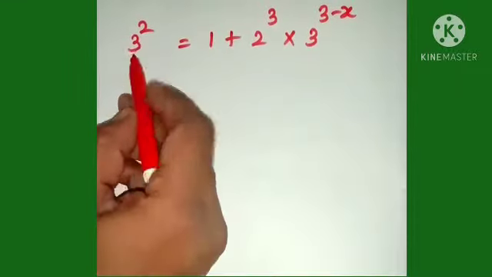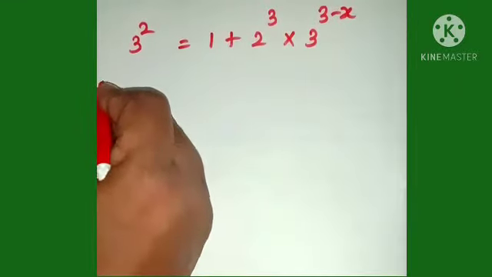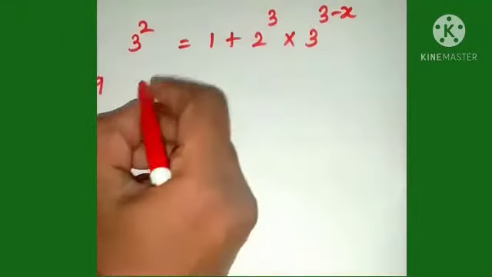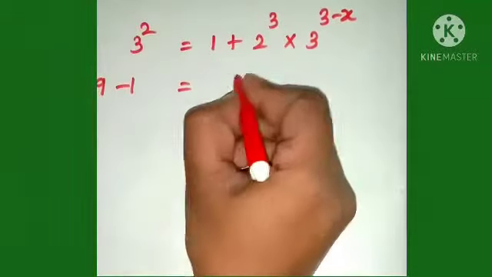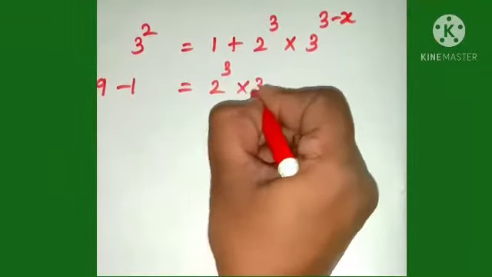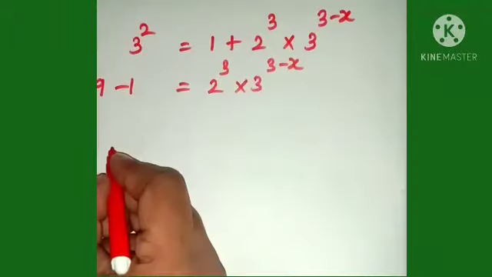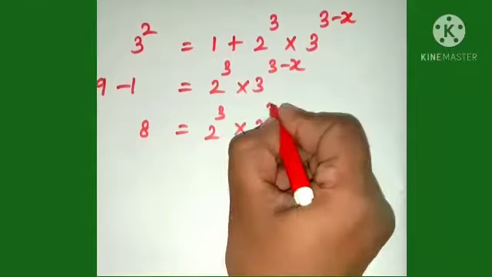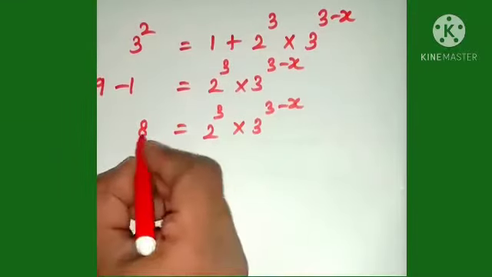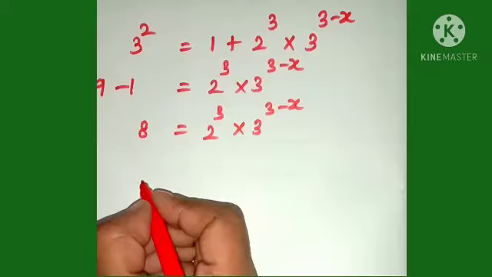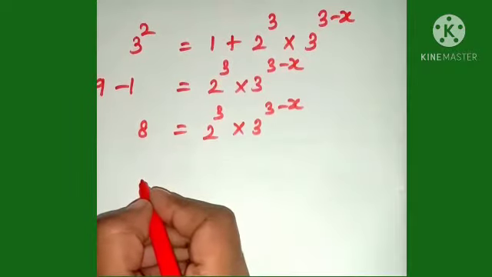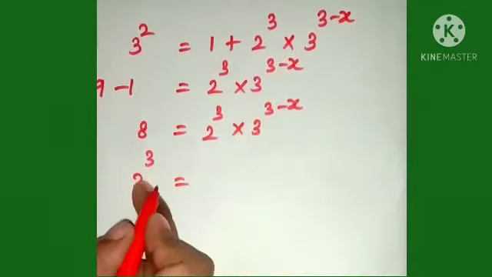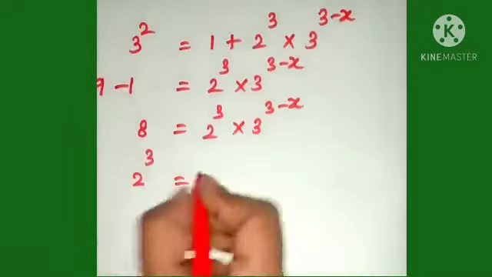Now students, listen carefully. 3 square, which is 9, and bring 1 to the other side, it becomes minus 1, is equal to 2 cube into 3 power 3 minus x. 9 minus 1 is 8, is equal to 2 cube into 3 power 3 minus x. And here, what about 8? We can write 8 in exponential form, that is 2 cube. 2 multiplied by itself 3 times gives 8.